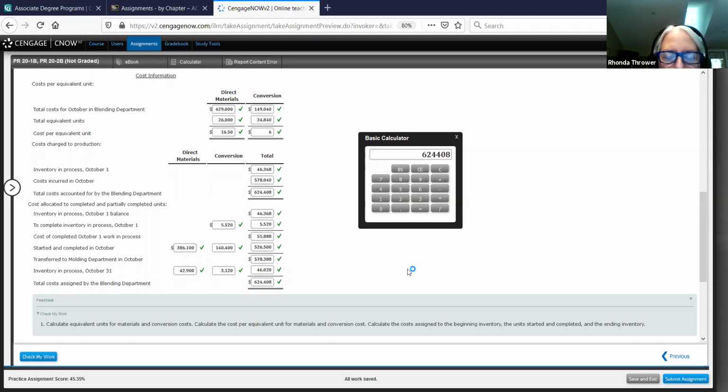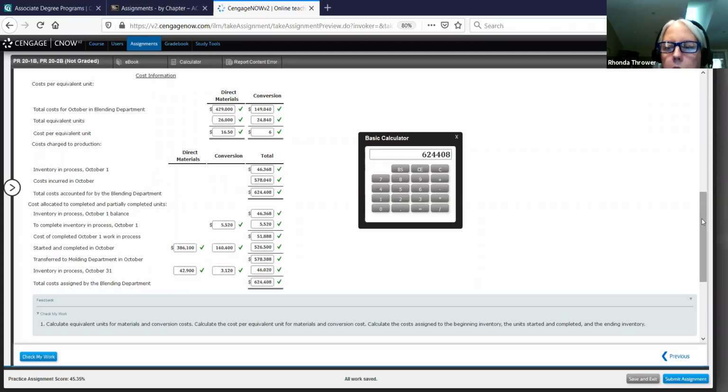Each department has its own separate cost of production report that will be prepared by management. What management uses these reports for is to control cost. They will compare cost from last period with this period to see what happened to the cost, whether they increased or decreased.